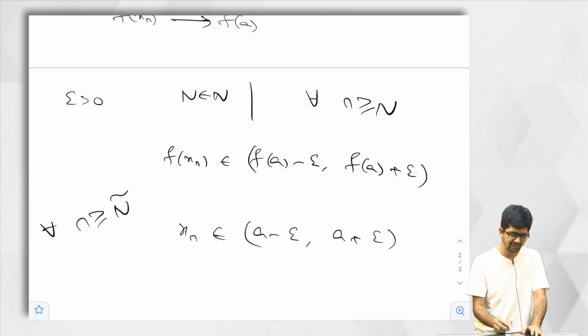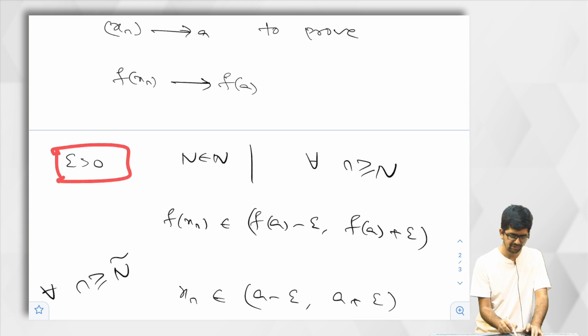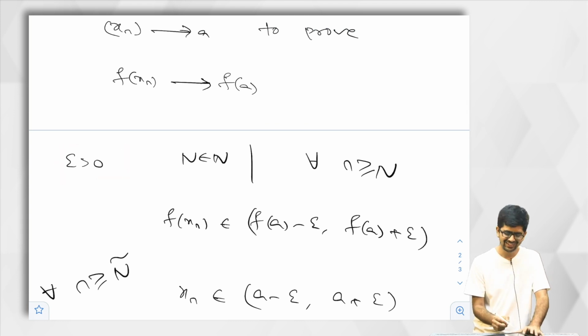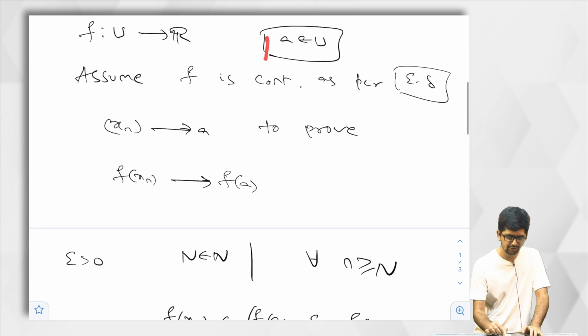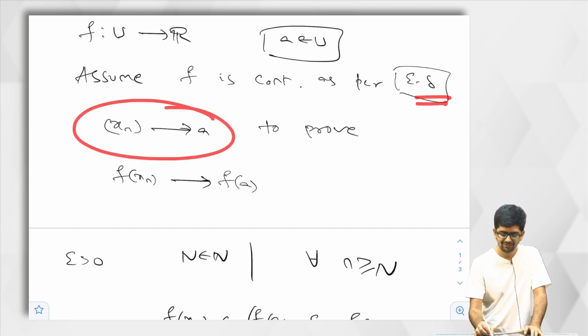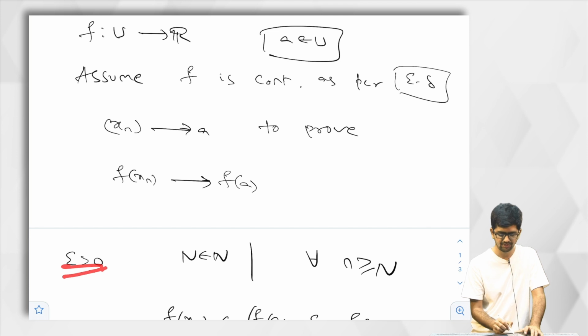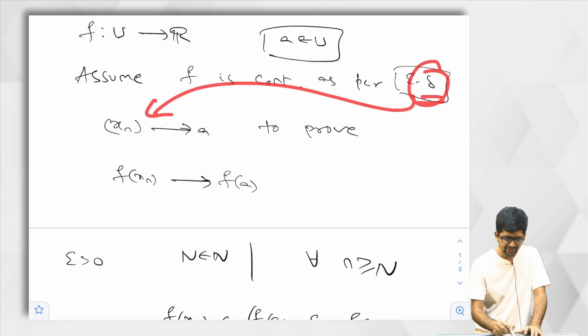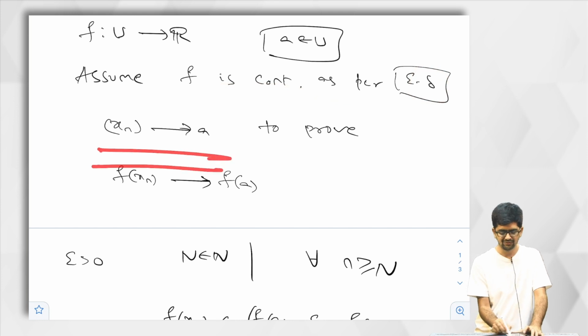Instead of applying for epsilon positive, let us apply for delta. We have fixed an element A belongs to U. So once I fix epsilon, delta is fixed. Apply this convergence idea for delta instead of epsilon. Given epsilon, there exists a delta. For this delta, I make use of this description of convergence.